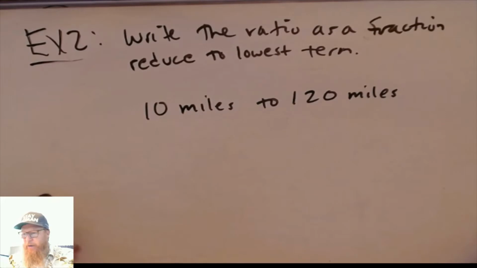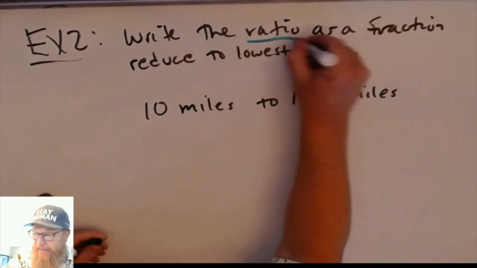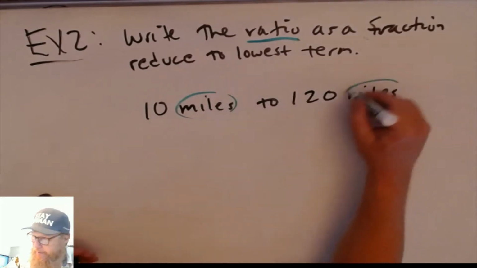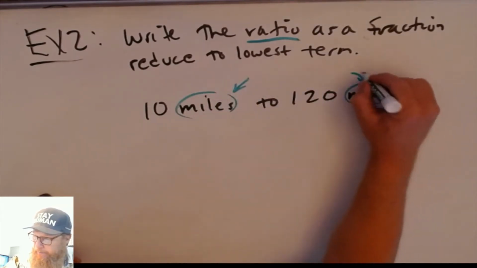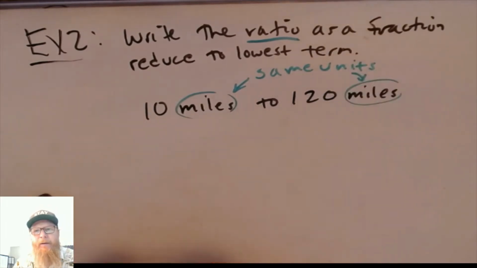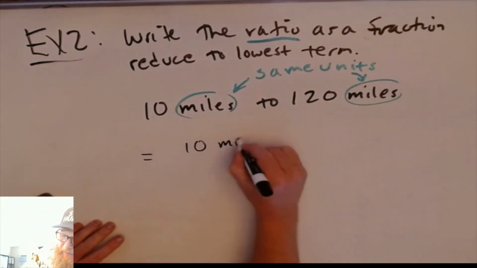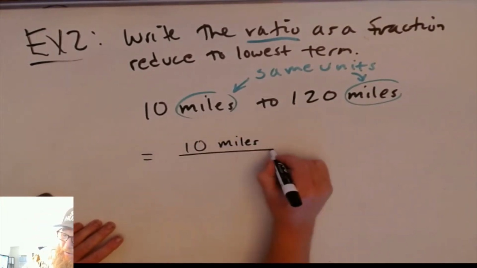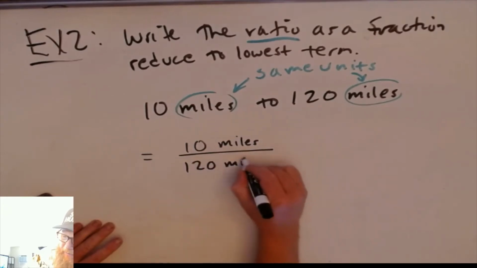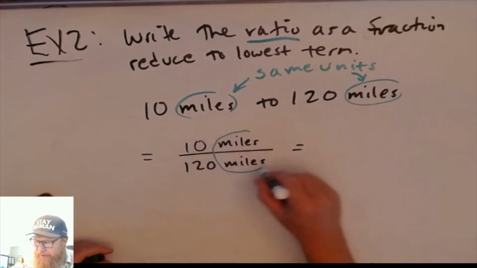In order to be a ratio, they either have to have no units at all or they have to have the same unit. And so the way we write these ratios is we write it as 10 miles over 120 miles. And we treat the word miles like a number.